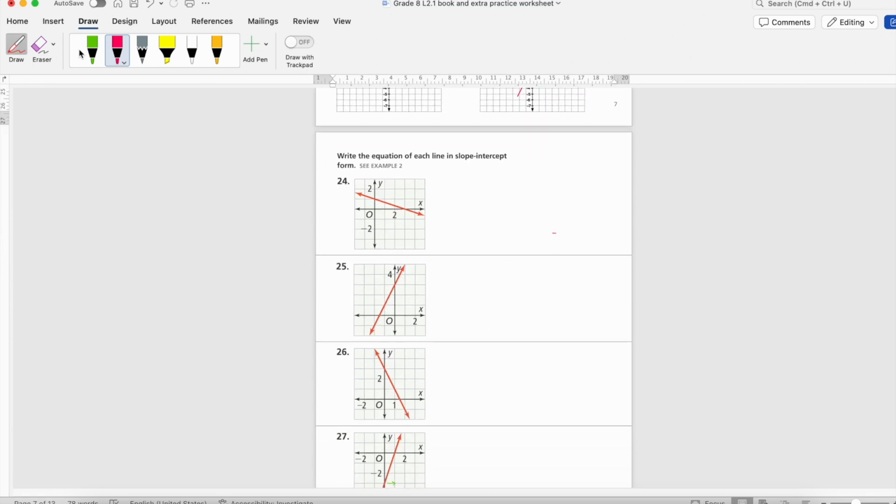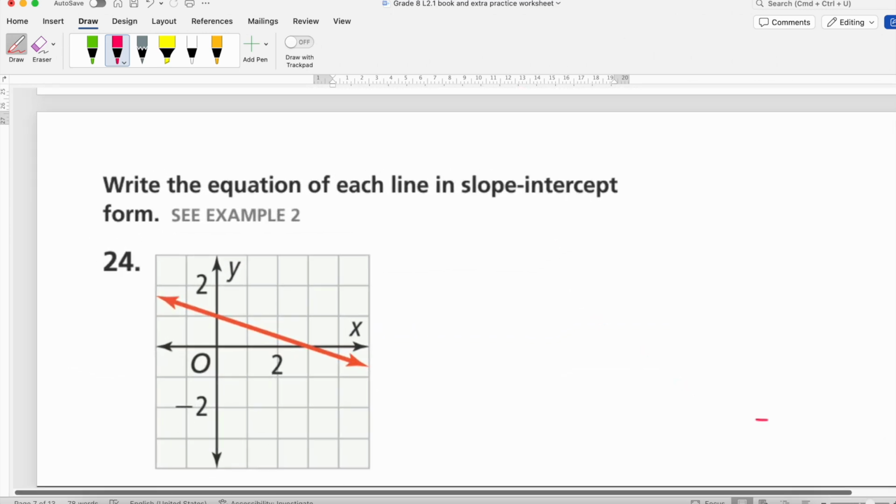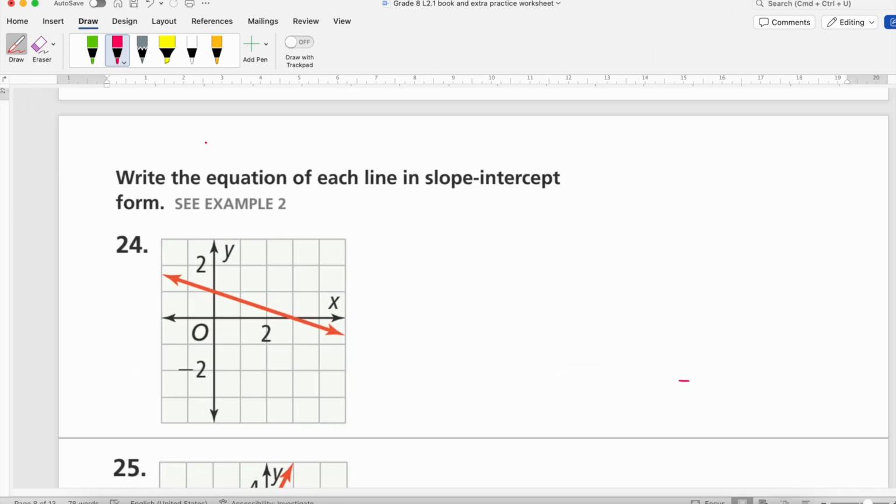I'll start with the first idea as per the PowerPoint. Since the PowerPoint starts with this idea first, I'm gonna start with it first. So again, this is not explanation, this is just me recording with you how I solve these questions. Here my goal is to write the equation of a line.